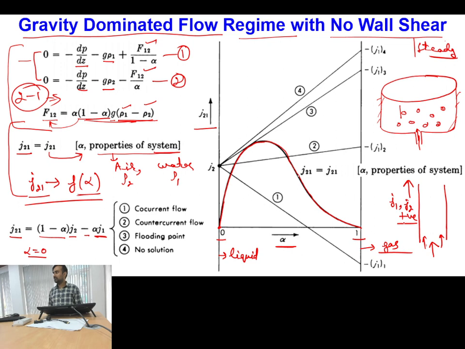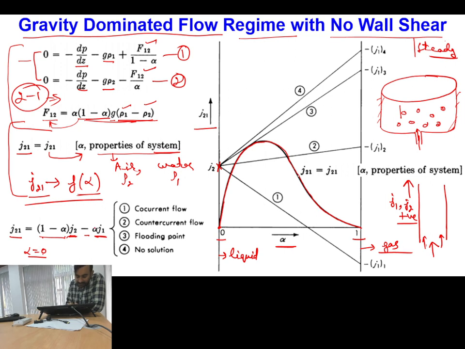Both are positive. So in this case, when you substitute alpha equal to 0, the value of J21 will be equal to J2. So when alpha is equal to 0, J21 becomes J2. Okay.